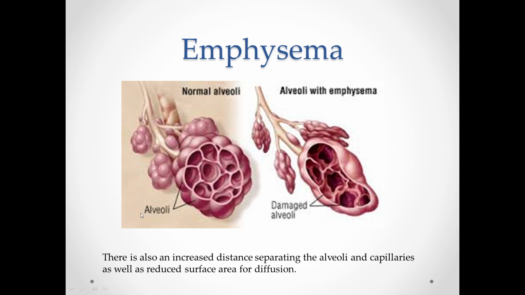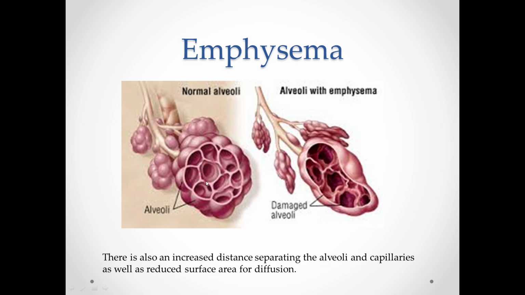So this is a cartoon of what a normal alveoli looks like in an alveolar sac, and then this would be a drawing or a picture of alveoli with emphysema. And I think that this very nicely illustrates the point of the differences between the architecture of a normal alveoli and an alveolar sac that's undergone pathological changes that are consistent with emphysema.